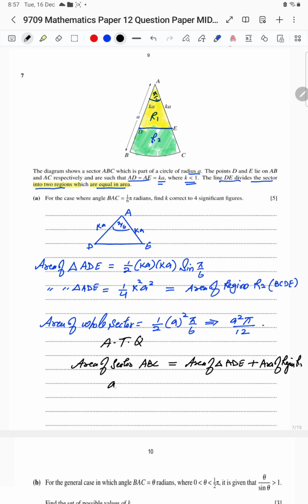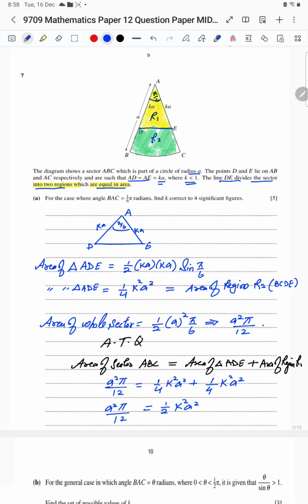So here I will simply substitute the values. A square pi by 12 is equal to 1 by 4 times k square A square plus again 1 by 4 times k square A square. So it will be 1 by 2 times k square A square equal to A square pi by 12.